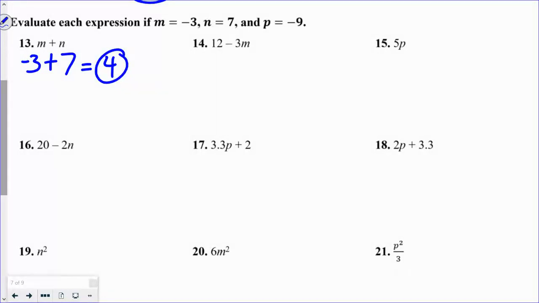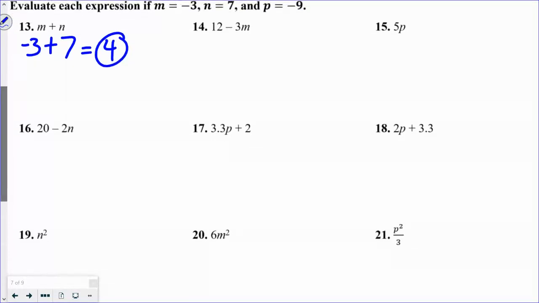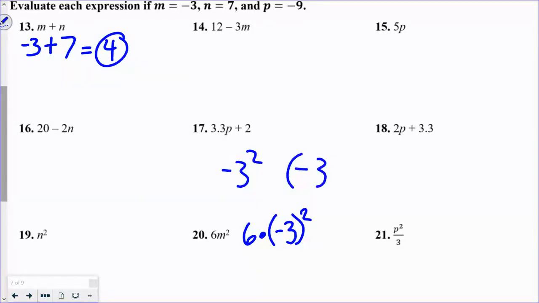Okay. Let's look at another one. Let's look at 20. I really would like to do 20 with you. Okay. This means 6 times, and then we have -3 is my m, and I am squaring it. Now, I purposely put this in parentheses because there is a difference between a -3 squared and a -3 in parentheses squared. The first one means it's a negative of 3 times 3.